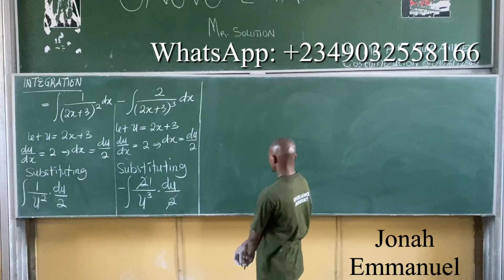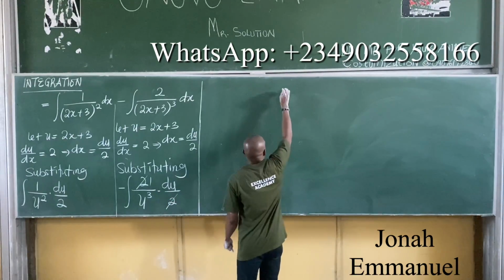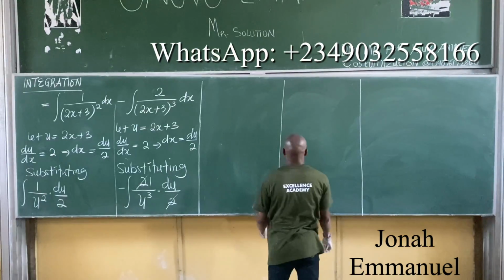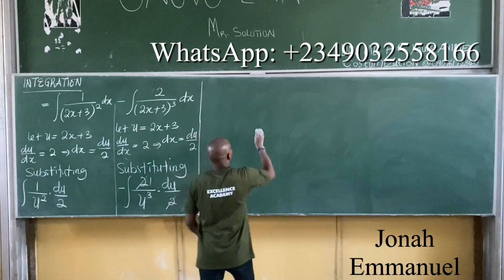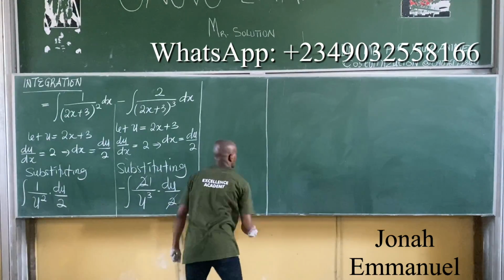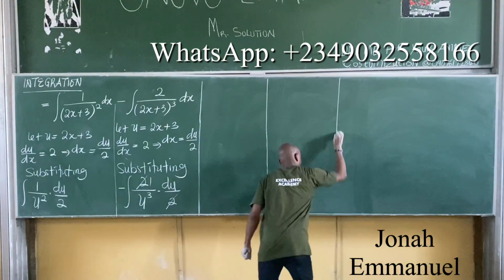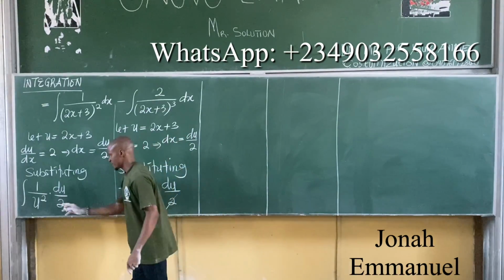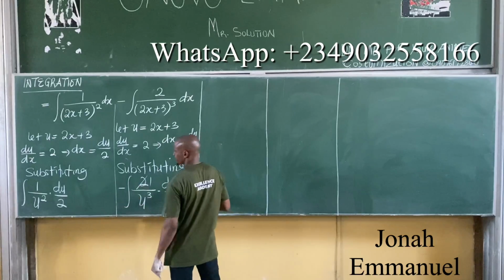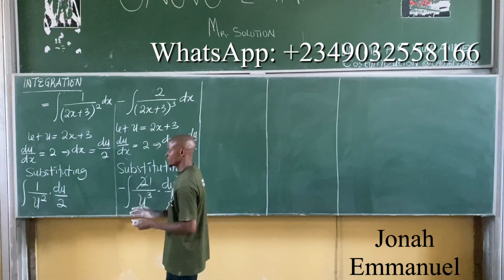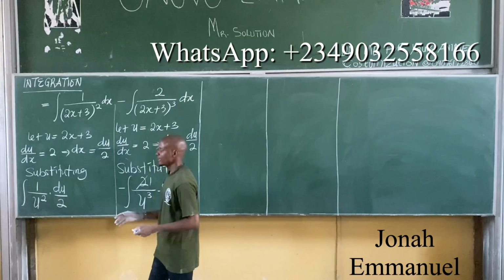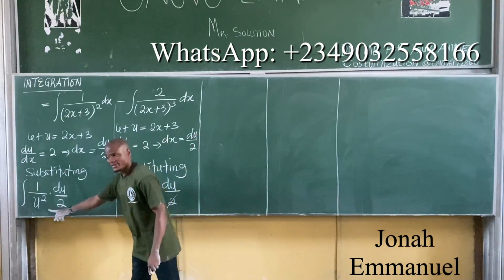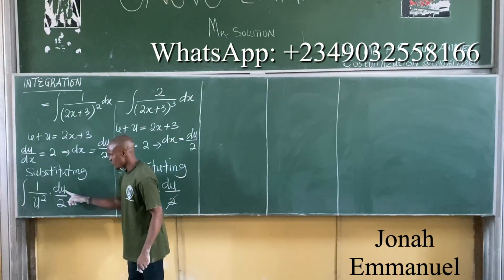Alright. So let's put these two side by side as we've done. So this is now equal to, what do I have here? My task will be this. Take constant outside the integral sign. Express this one here in index form. The constant here is 1 over 2.